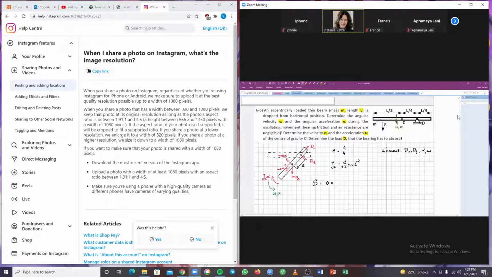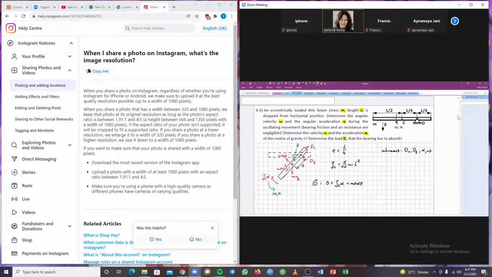0 is equal to JC times alpha plus m E alpha times E, the lever arm, and the component of gravity. So we need to define an angle phi between the initial position and the current position of our system, of our beam.